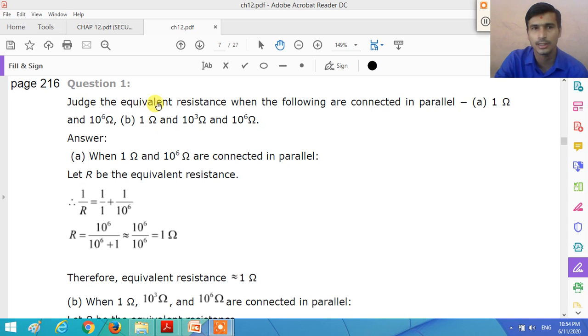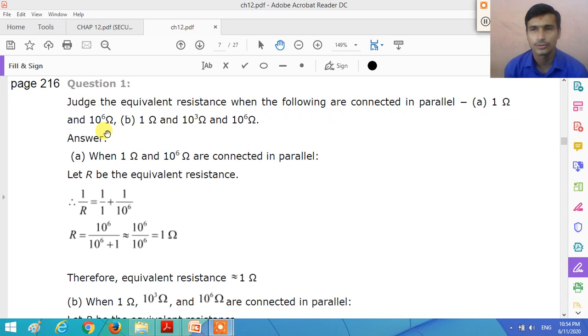Judge the equivalent resistance when the following are connected in parallel. First, 1 ohm and 10 raised to 6 ohm.